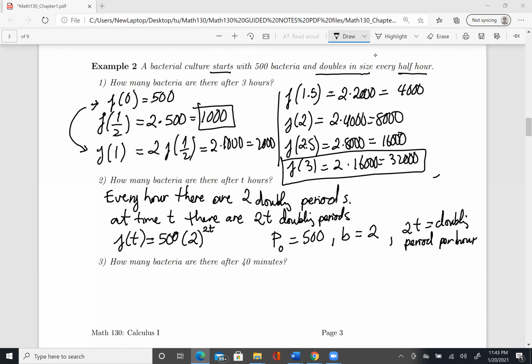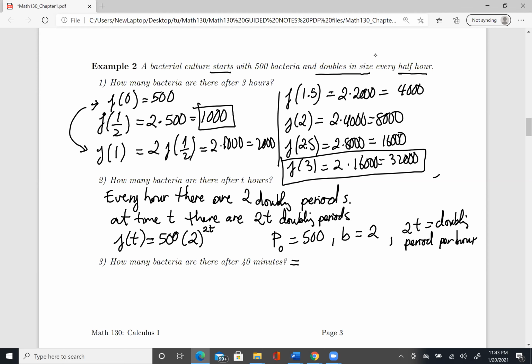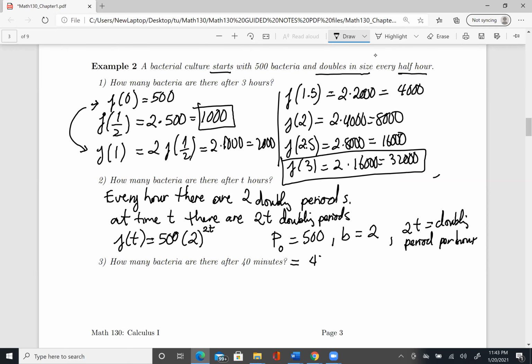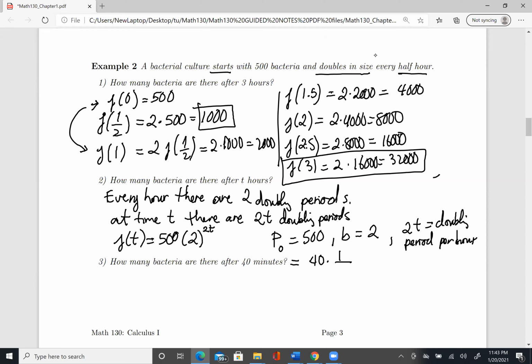Okay. So now the question is, how many bacteria are there after 40 minutes? In order to do this, we need to convert this 40 minutes to hours. You know that 40 minutes multiplied by 1/60 equals 2/3 hours.